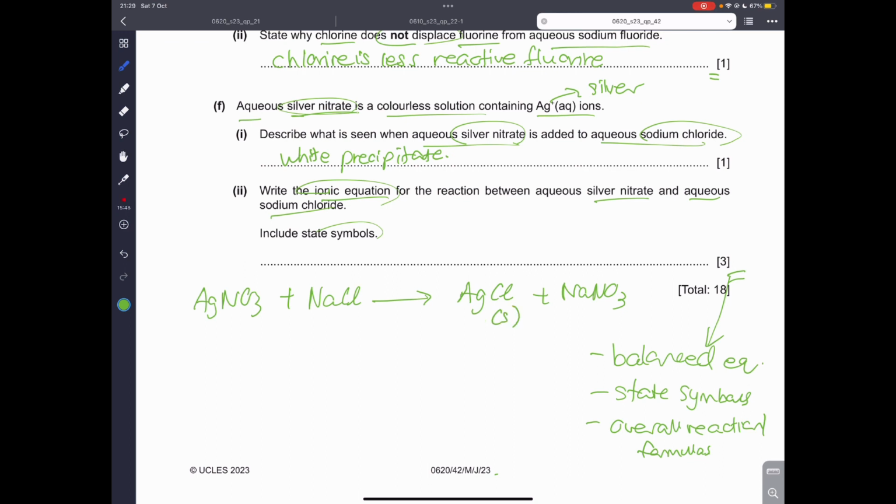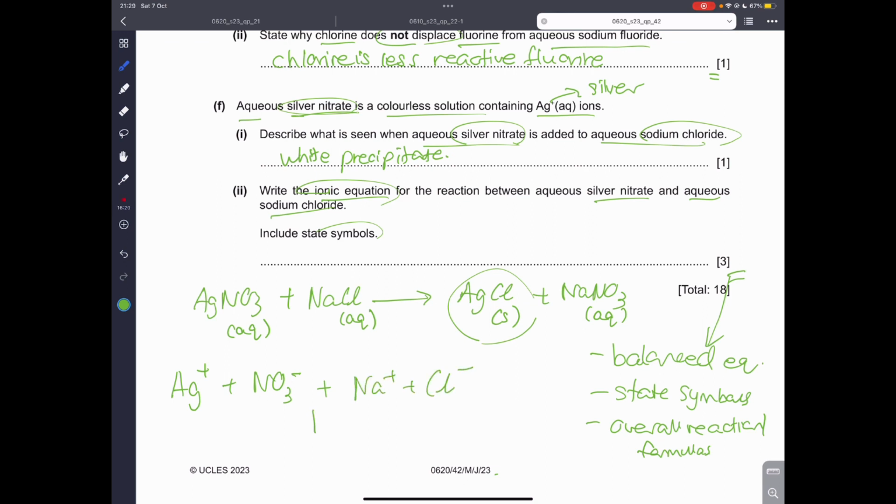Now we can change them into the ions. The only one that is solid, which is seen as a white precipitate, is silver chloride. So the aqueous ones will be dissolved into their respective ions. So this is going to dissolve into Ag plus, NO3 minus, plus Na plus, Cl minus.